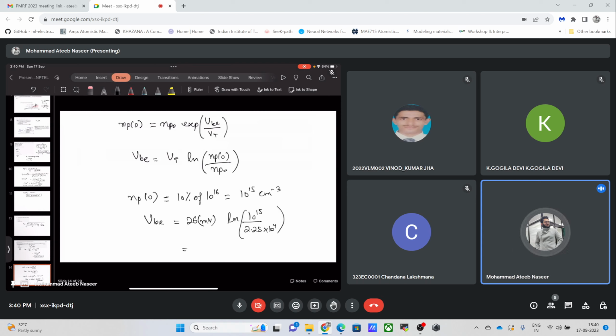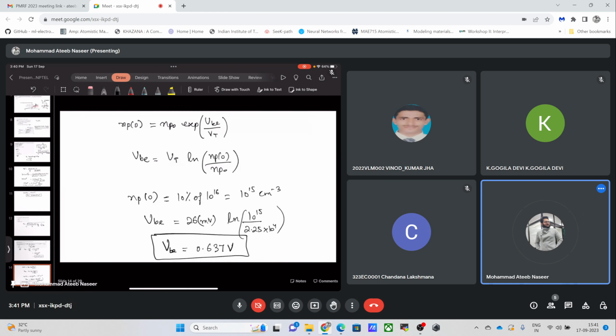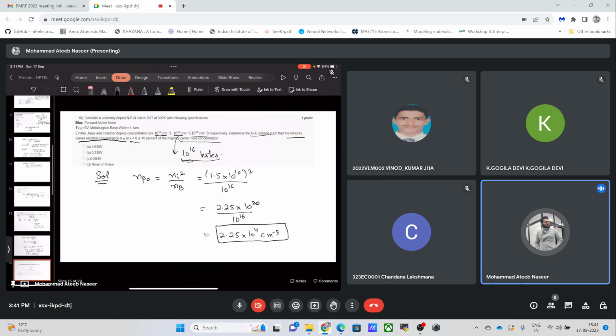So it comes out to be equal to 0.637 volts. So this is the value of the base to emitter voltage that we will be requiring. Okay, let's check the options. I think 0.635, yes, 0.637. Option A is the closest option to our answer. Since it is 0.635 and ours was 0.637, option A is the correct option to go with.